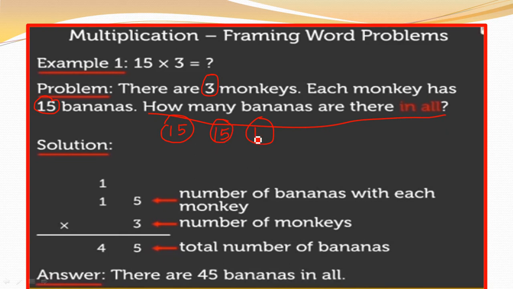So these are equal groups of 15 and we can add this or we can multiply it. So we get the product as 45 and this is how we have framed the word statements. Number of bananas with each monkey, number of monkeys, total number of bananas. So reading the problem, we can frame our own word problems.